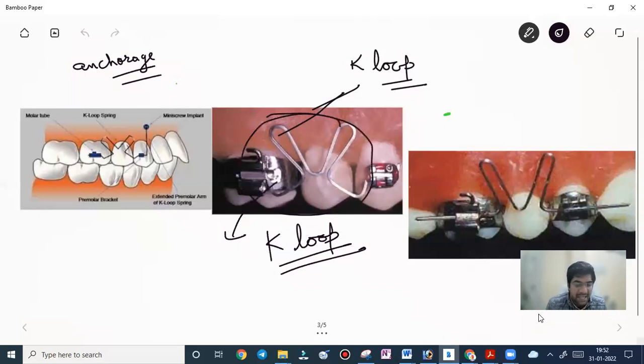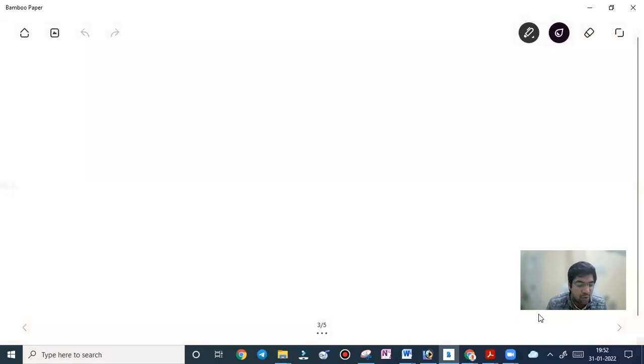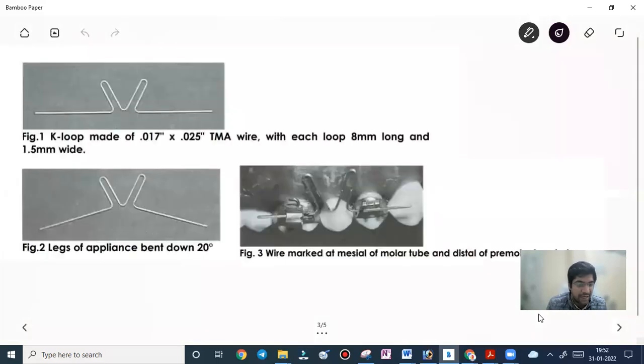Now what is this K loop made up of? Remember, this K loop is made up of 0.017 into 0.025 inch TMA wire. So why do we prefer TMA?